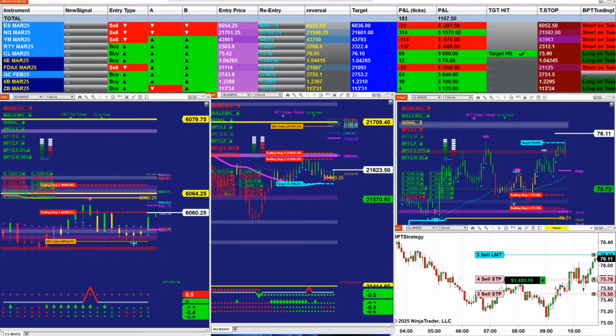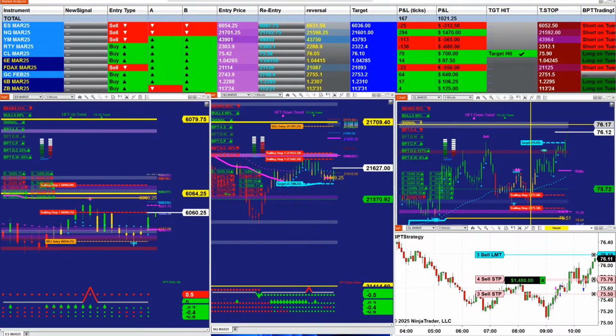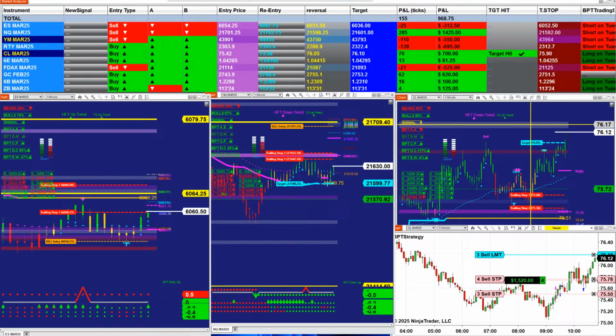Okay, look, we're going to hit the CL and I extended the target to the resistance and then it's finished. I'm not going to wait on the trailing stop or the target. I extended the target to this line, 76.18, and it's going to close on 76.18, and this is it.